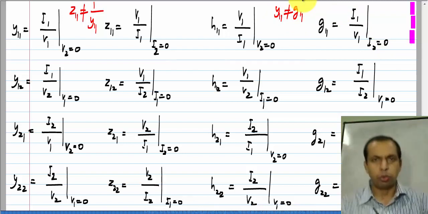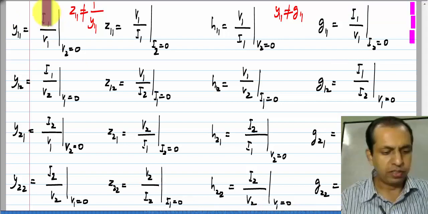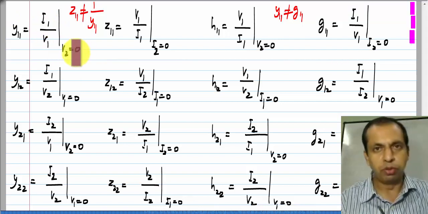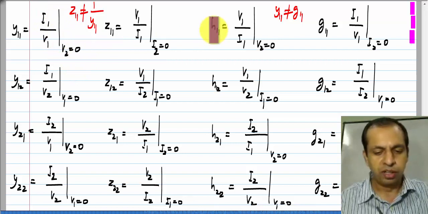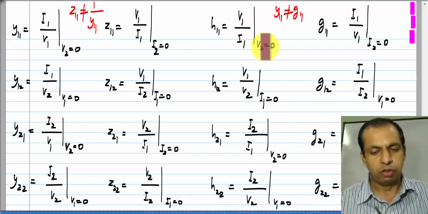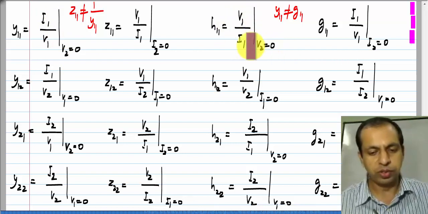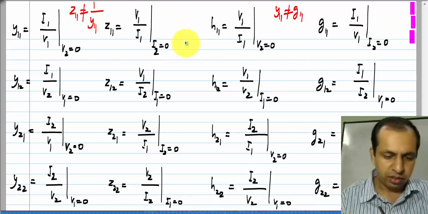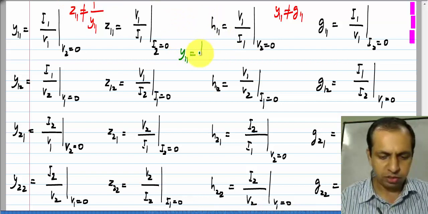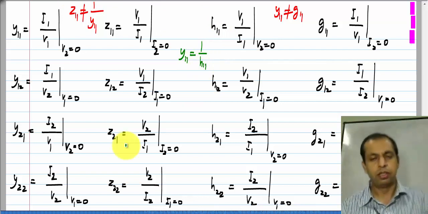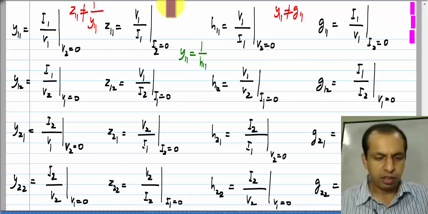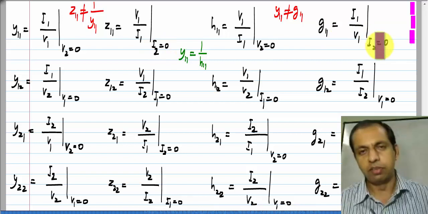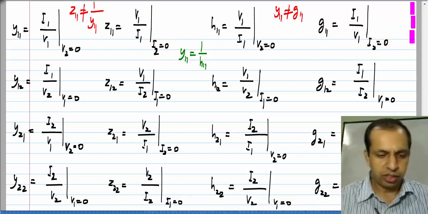What is true is that y 1 1 is I 1 by V 1 with V 2 equal to 0, that is port 2 short circuited. H 1 1 is V 1 by I 1 with V 2 equal to 0, also with port 2 short circuited. It is a different ratio though. So, we can clearly say that y 1 1 is 1 by H 1 1. Similarly, both Z 1 1 and G 1 1 are measured with port 2 open circuited.